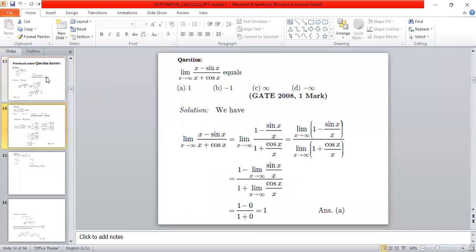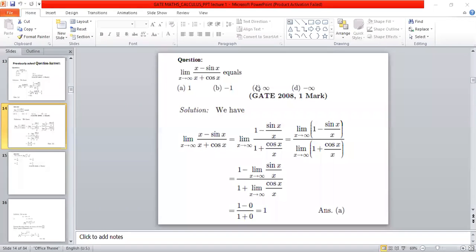Okay, next question is the limit as x tends to infinity of x minus sin x upon x plus cos x. As it is, x tends to infinity, so if we put it in, we cannot solve it.